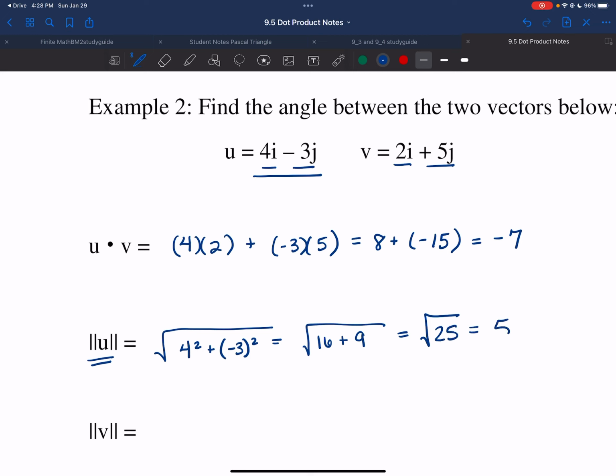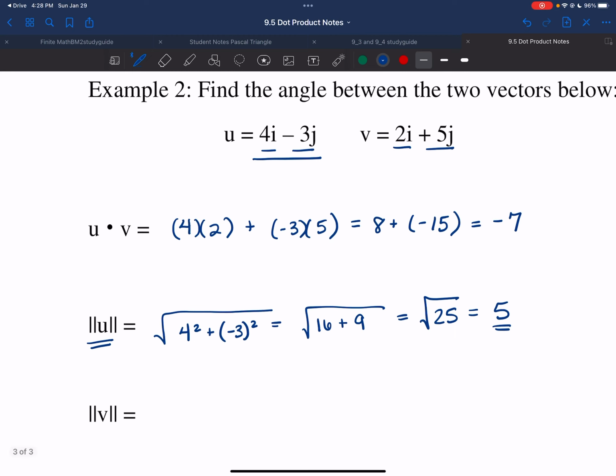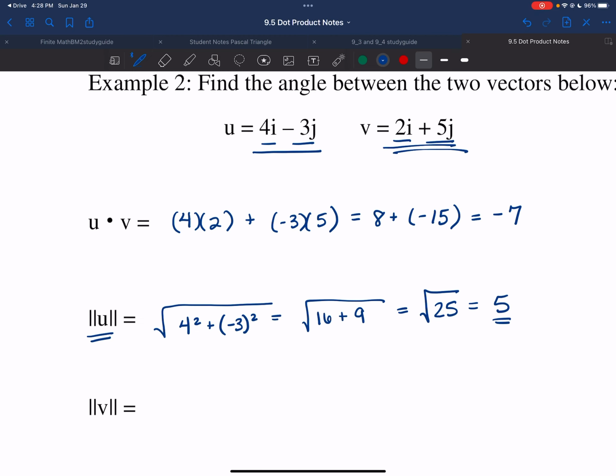So we have 5 as our value there. And then to find the magnitude of v, we're going to take the square root of 2 squared plus 5 squared. So 4 plus 25 is going to equal the square root of 29.